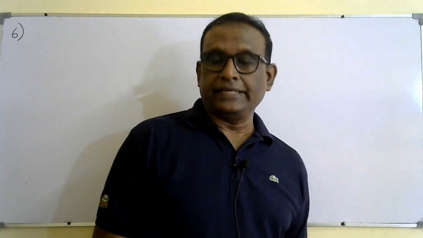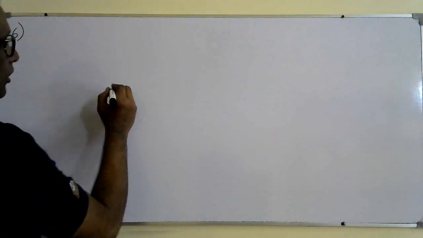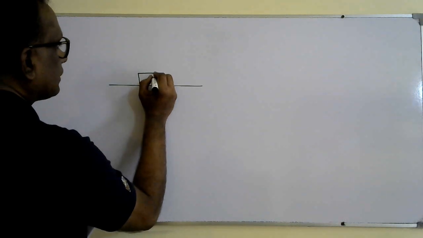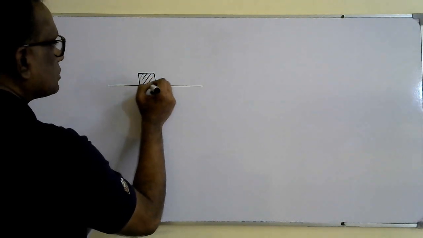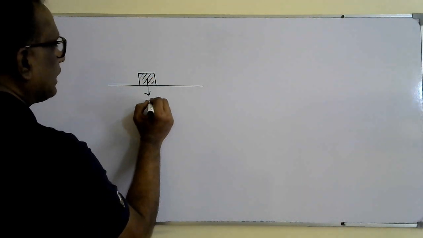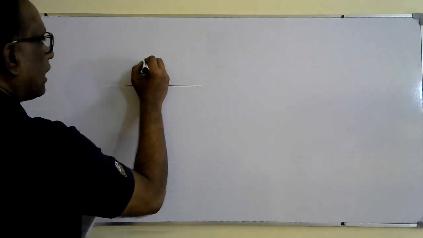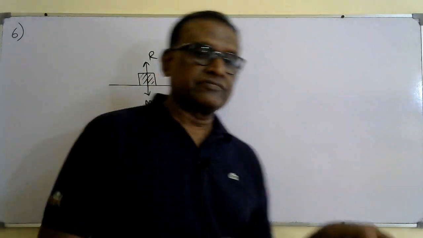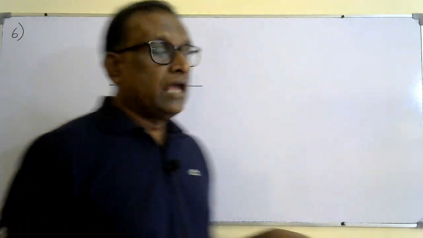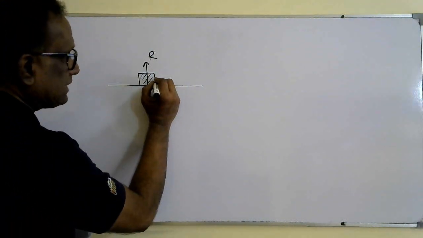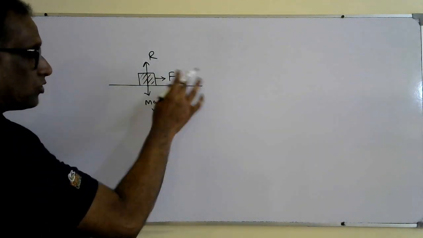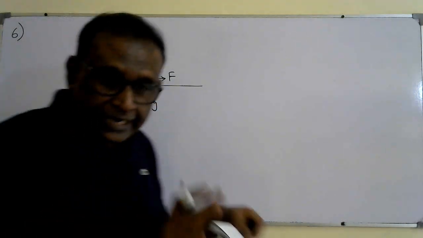Okay, so the next thing is about friction and limiting friction. Imagine a box kept on a rough surface. There will be weight mg and normal reaction R acting. On this rough surface you have kept a box and you are applying a force in this direction, a force F. When the force is applied, the box remains at rest.